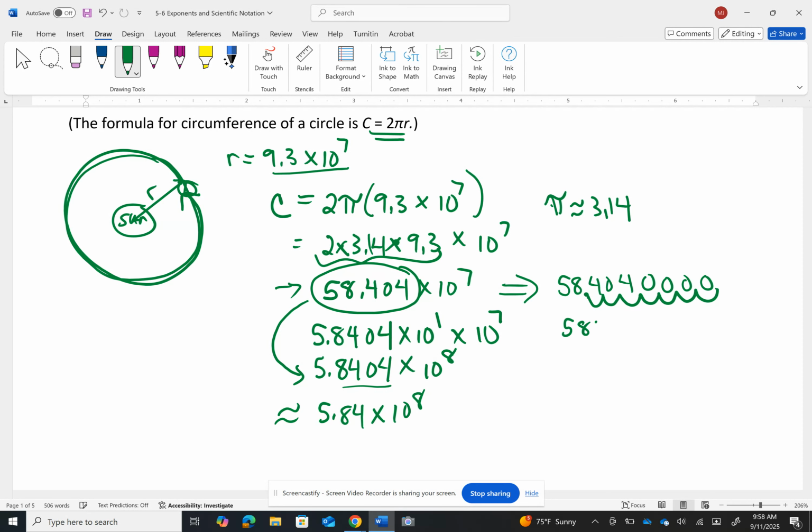So the decimal form of it is this, okay? And then go and double check that your scientific notation is correct by now putting that back into scientific notation. So the decimal is here and you want it there. Okay, and that's 1, 2, 3, 4, 5, 6, 7, 8 places, and it's a big number, so it's going to be to the positive 8.